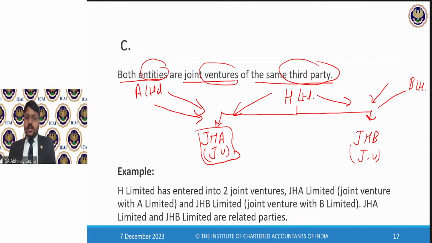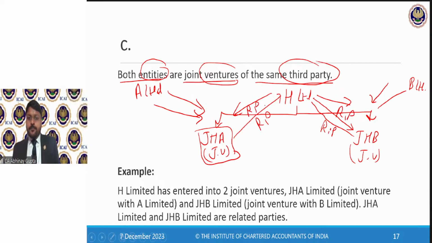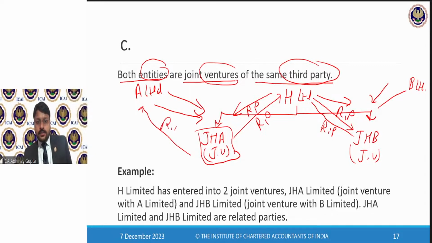Now, the clause says both entities are joint ventures of the same third party. So JHA will be related to H Limited, yes or no? RP. JHB will be related to H Limited, yes or no? RP. H Limited will be related to JHB, yes, RP. H Limited will be related to JHA, yes, RP. JHA will be related to A Limited, yes, RP.